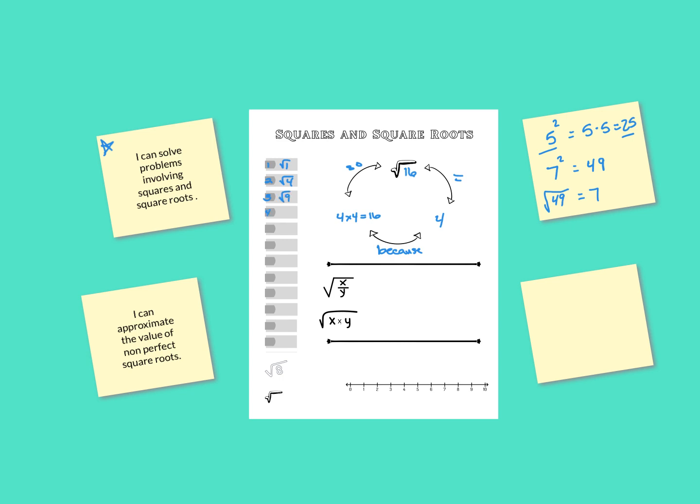We already did 4. That's the square root of 16. We already did 5. Square root of 25 would be 5. And I can continue down this list. 6 is the answer to square root of 36 because 6 times 6 is 36. I'm just going to continue down the list, squaring each number, and then finding the square root backwards.